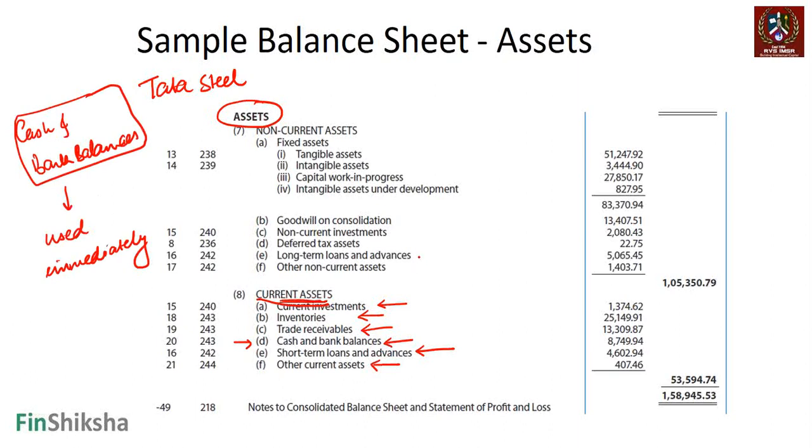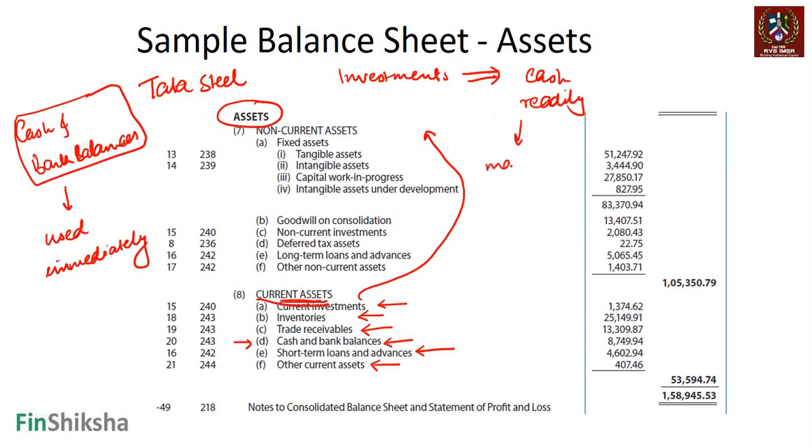Next, we move to some of the more trickier parts. So we look at what is called as current investments. Now, current investments are investments which can be readily converted to cash, right? Which means these are easily marketable. In some cases, they are known as marketable securities, right?